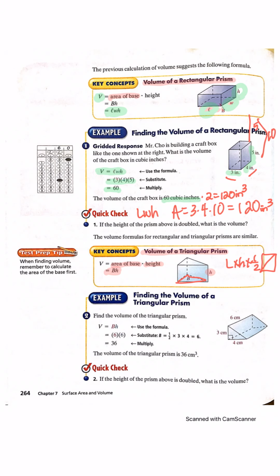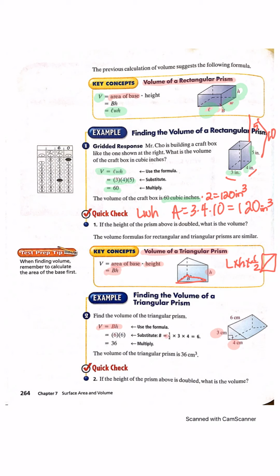So let's use this as an example. Find the volume of a triangular prism. So here's our formula. The volume equals the base area times the height. So to find the base area, we're doing 3 times 4 equals 12.